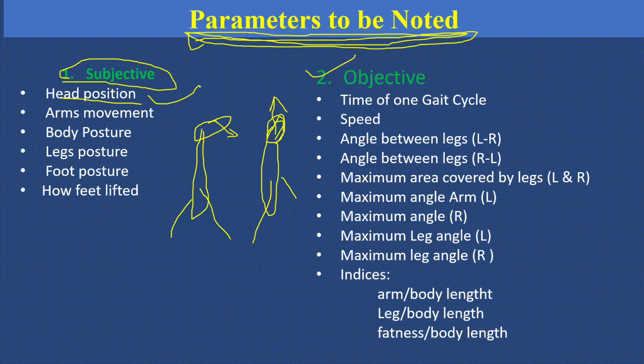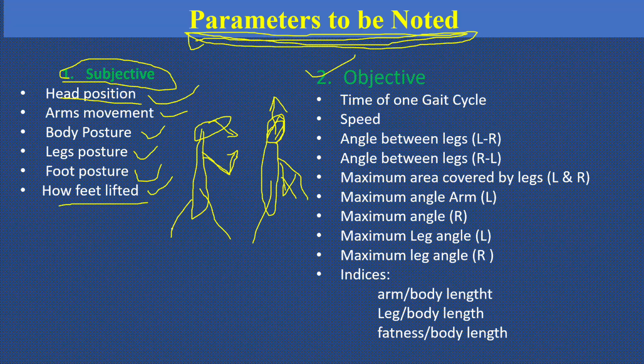Another parameter is movement. One person may always keep his arm upward, another may keep the arm downward. So these parameters are very important. Another is body posture, leg posture, and foot posture, how the feet are lifted.